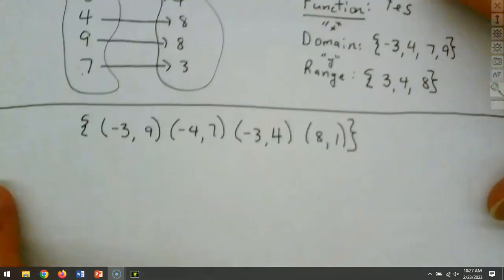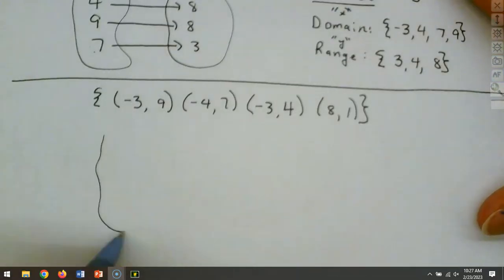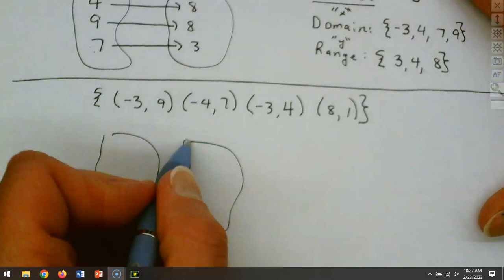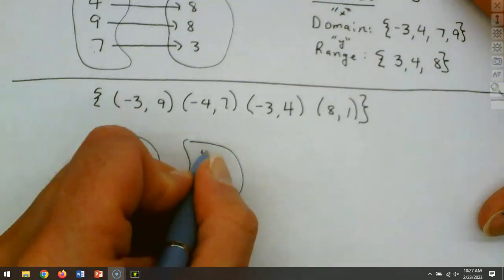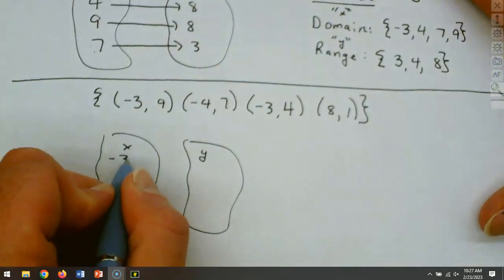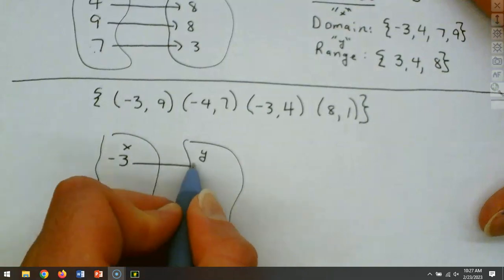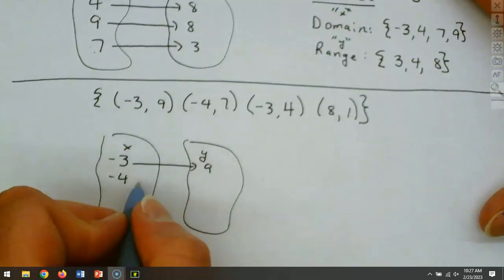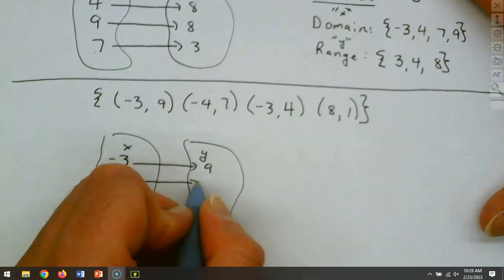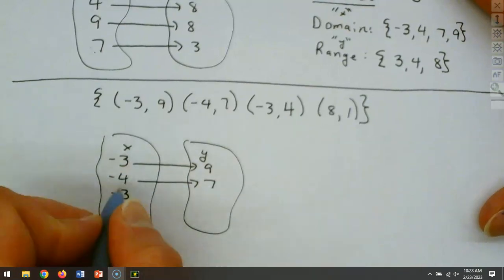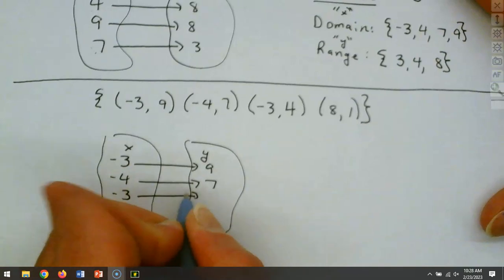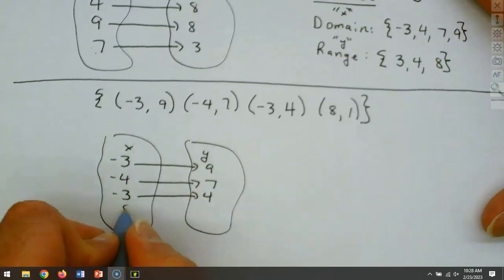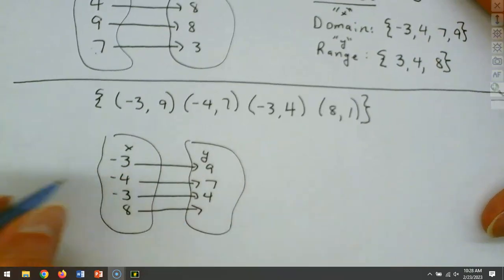What about this one? Well, let's make our mapping again. And then -3, what does -3 map to? 9. -4 maps to 7. But we have another -3, and it maps to 4, and 8 maps to 1.